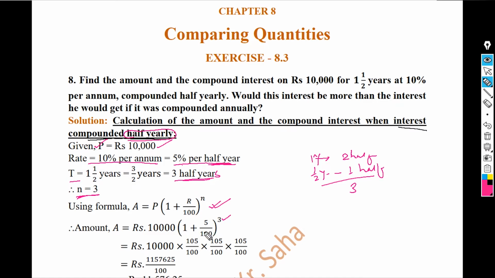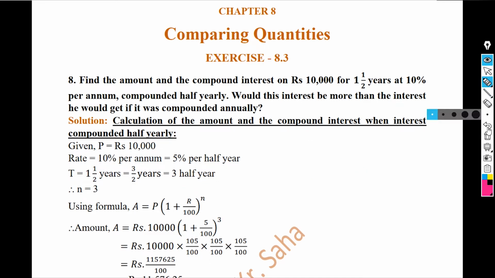You know LCM is 100 and after finding the LCM and addition, the simplification inside the bracketed term is 105 by 100, and that you have to write 3 times. Now cancel the zeros, 2 zeros like this. And then multiply it.